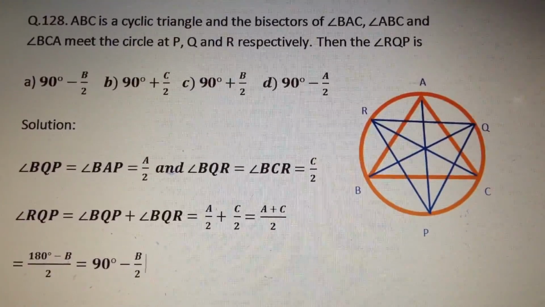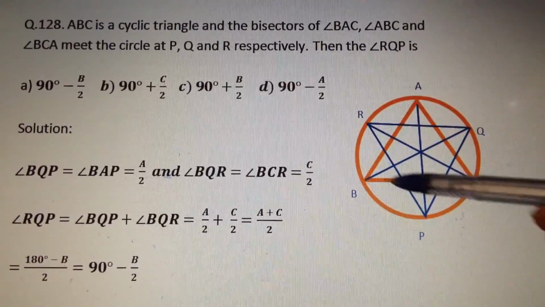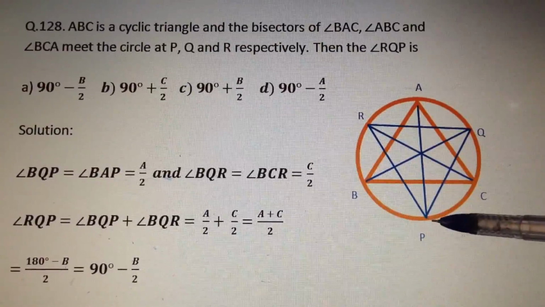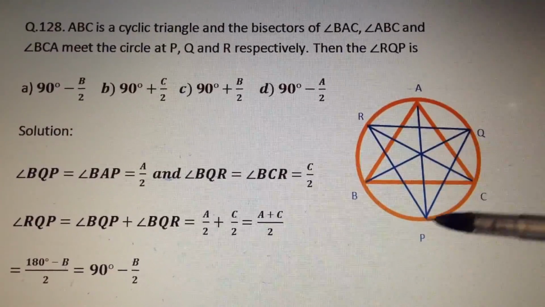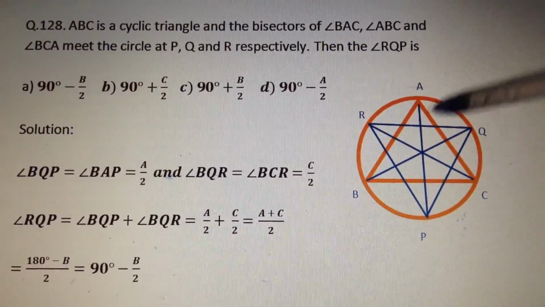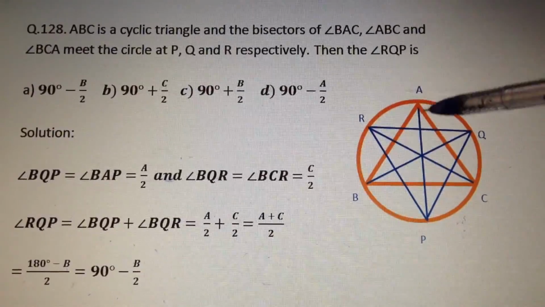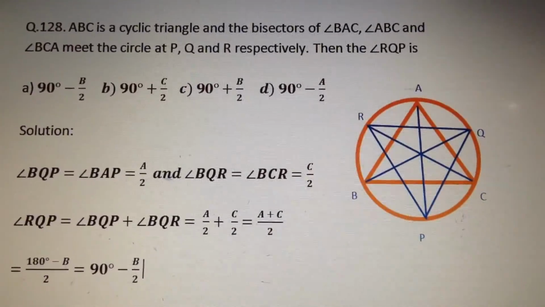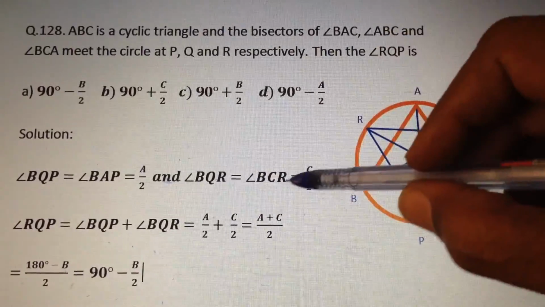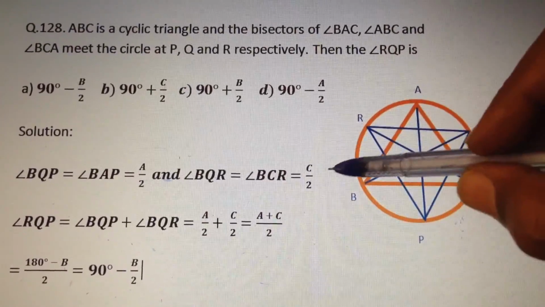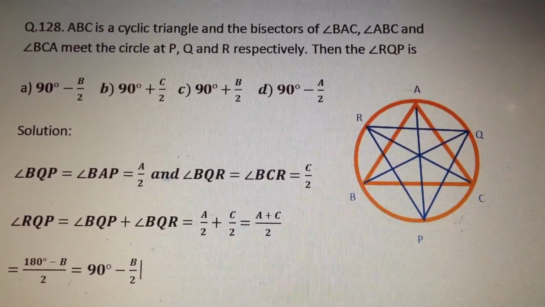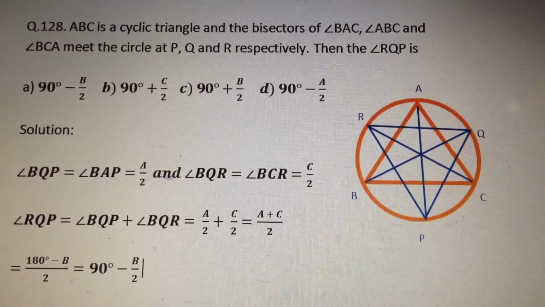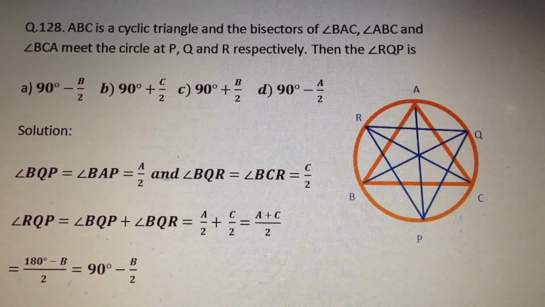Okay. Now angle BQP is equal to angle BAP, which is equal to A by 2, because this is a bisector. Similarly, angle BQR is equal to angle BCR is equal to C by 2. Therefore, what we want is angle RQP.